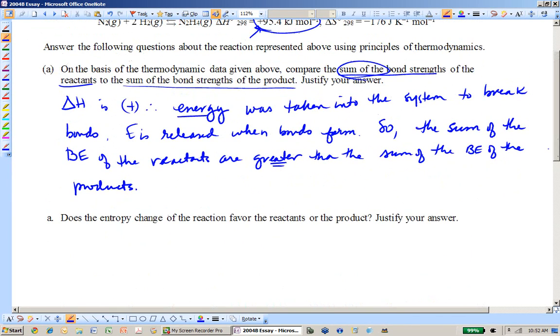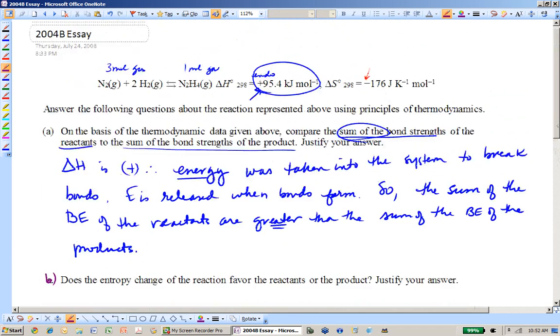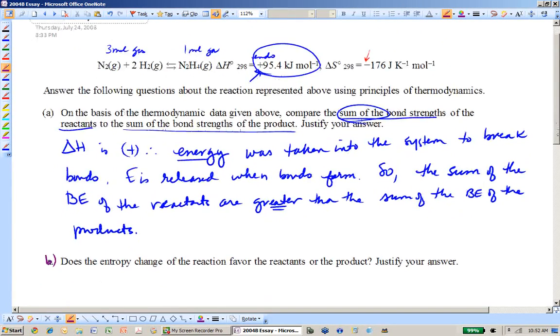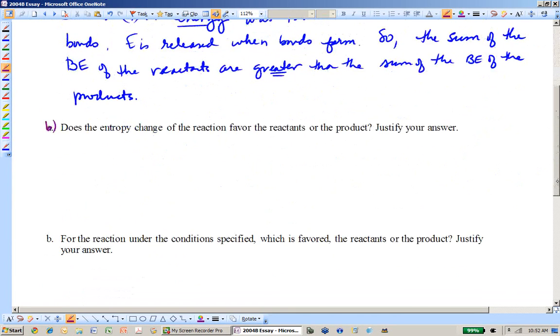All right, then let's see about the next piece. Does the entropy change of the reaction favor the reactants or the products, and justify your answer? Well, the entropy change favors the reactants because you've got more chaos, more disorder on the left than you do on the right of that equilibrium sign. So the entropy change favors the reactants.